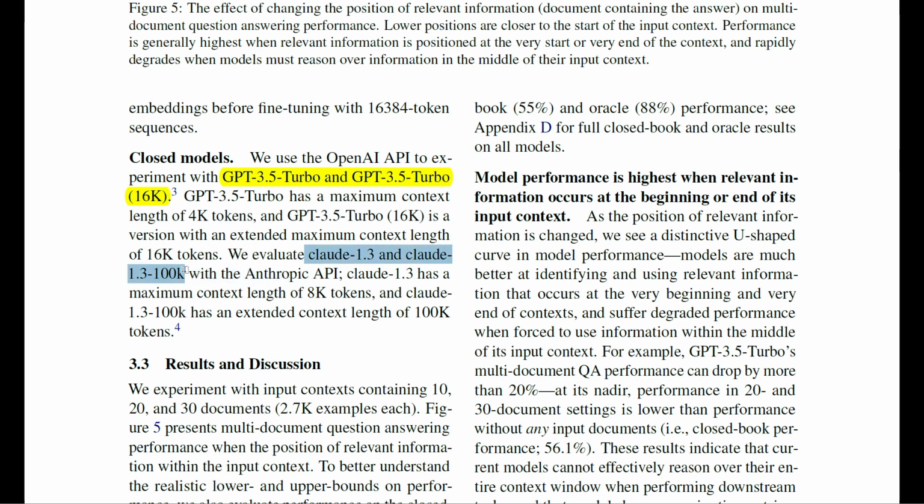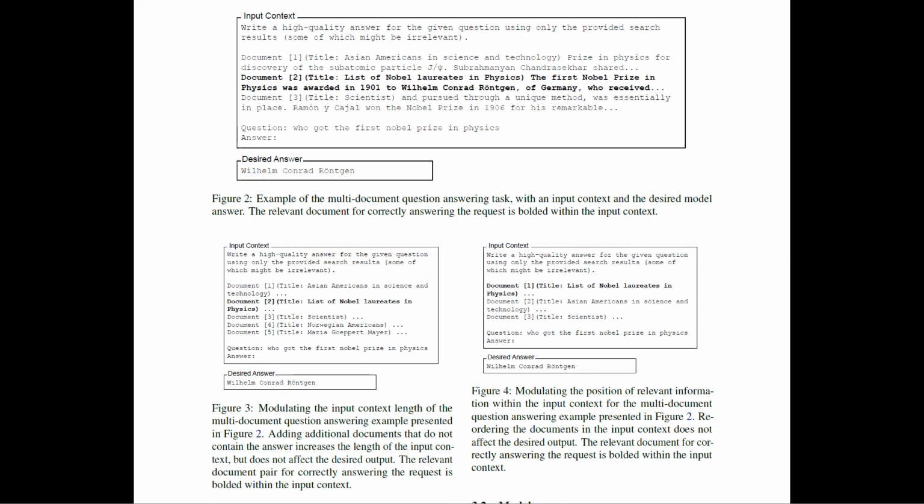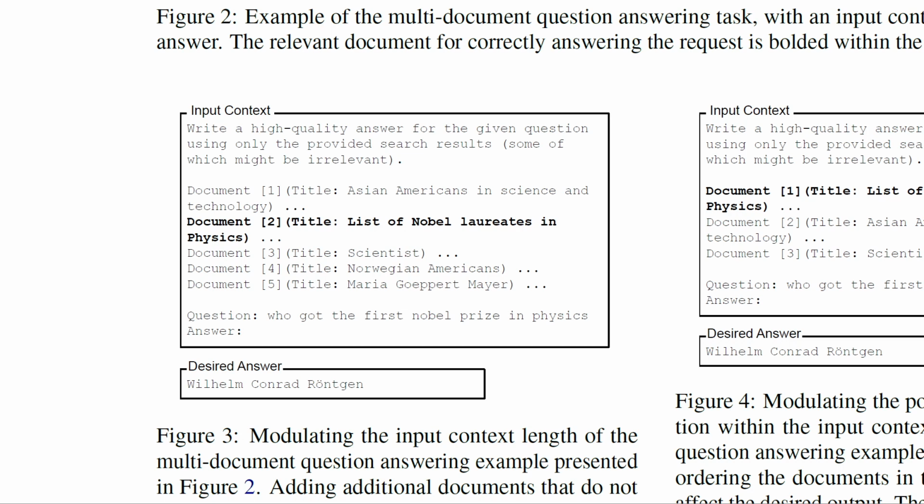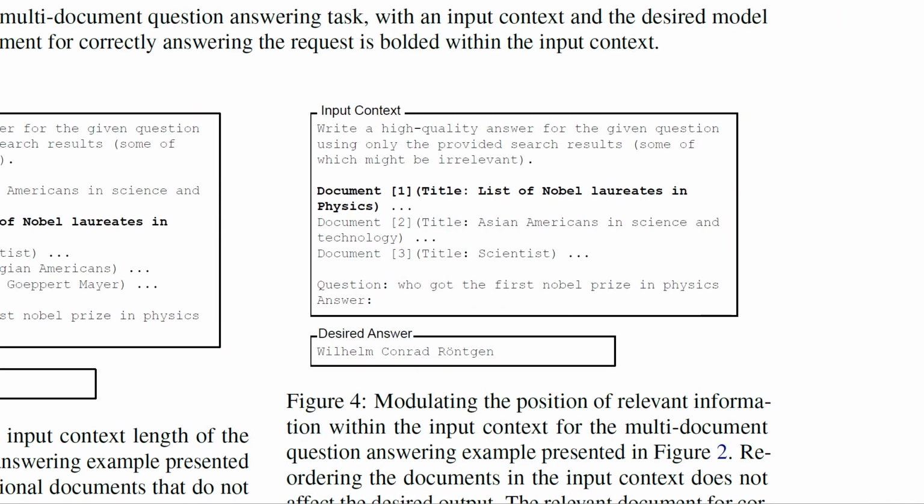The research focuses on settings that require accessing and utilizing information within an input context, including multi-document question answering and key value retrieval. In the multi-document question answering experiments, the models receive a question to answer and a set of K documents, where one document contains the answer while the rest serve as distractors.